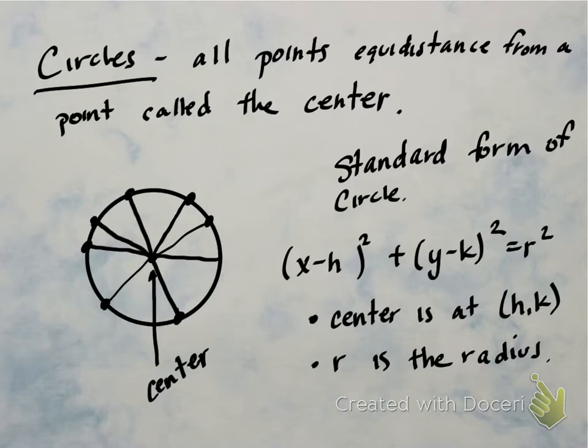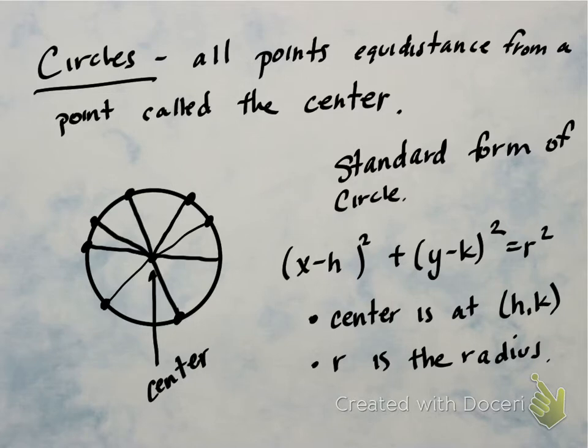The standard form of a circle is over here on the right. We have (x minus h) squared plus (y minus k) squared equals r squared. On the common practices, you're going to be asked to find the center and the radius of each circle in standard form.